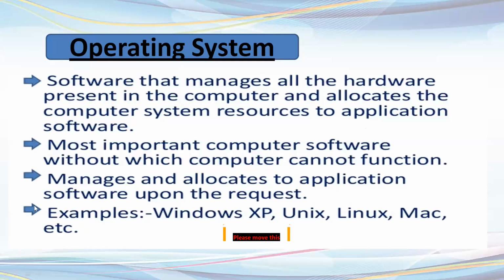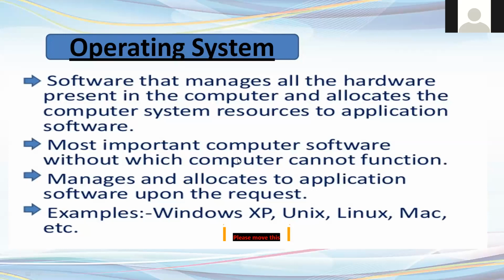Suppose you want to take out certain printouts, operating system has to make the printer available to you. If you are working with a music player or making some movie, then operating system has to make speakers or microphones available to you. So operating system is very important software. In its absence, application softwares also do not work properly.